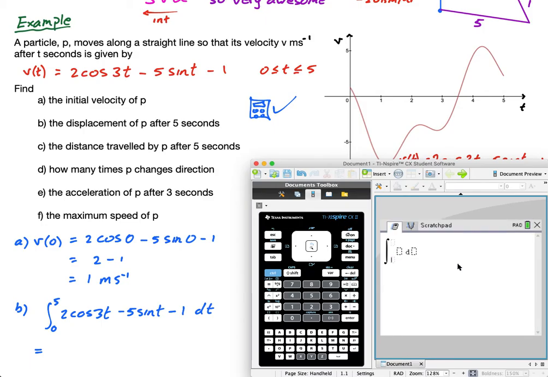I'm going to go from 0 to 5, and then 2 cos of 3t, minus 5 sine of t, and then minus 1, just make sure I now do dt here.